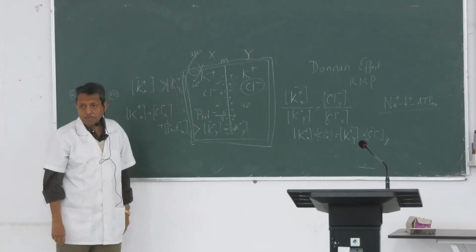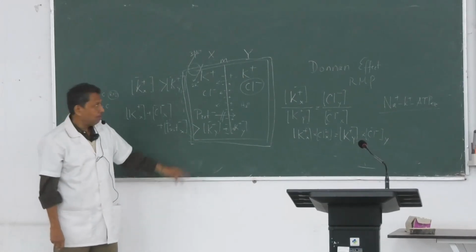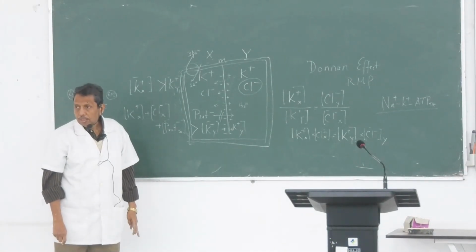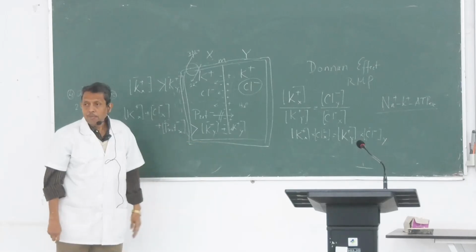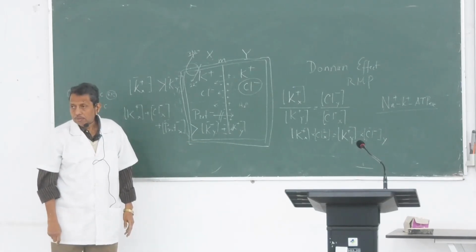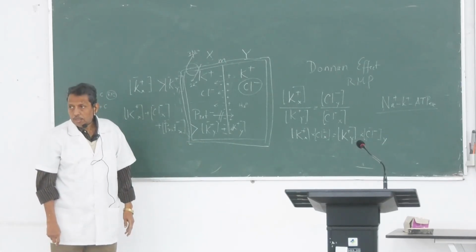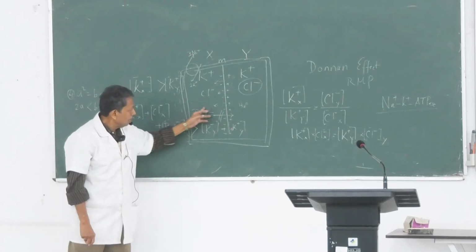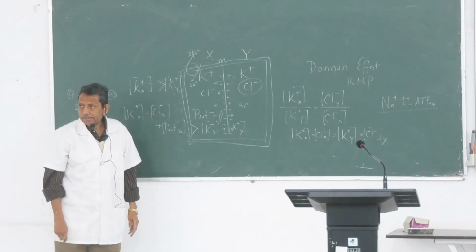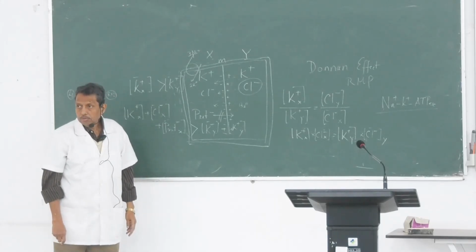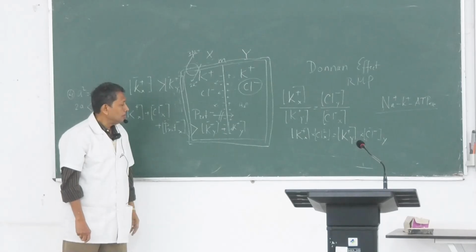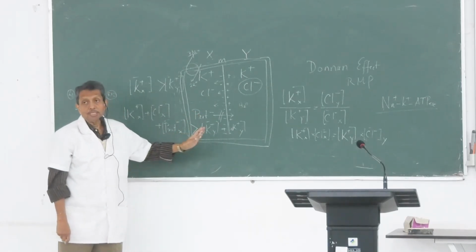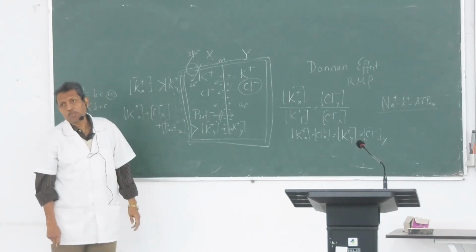But if they are simply a plasma membrane without the action of sodium potassium ATPase, then equilibrium will never occur, and all the water will come from this side to this side. But in this situation, whenever this equilibrium is allowed to develop, there is separation of charges.